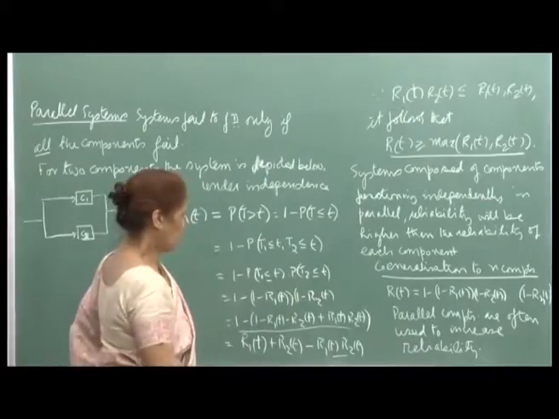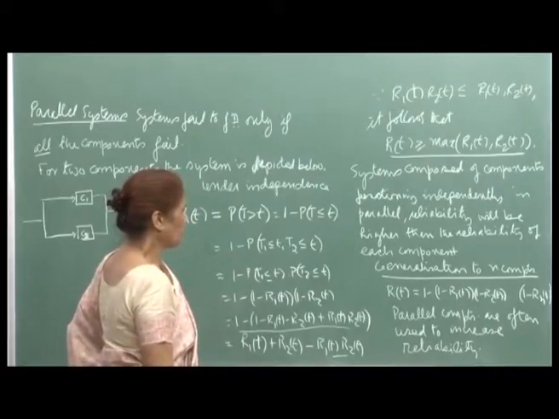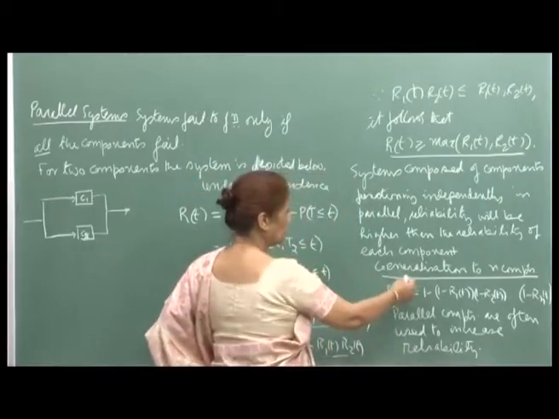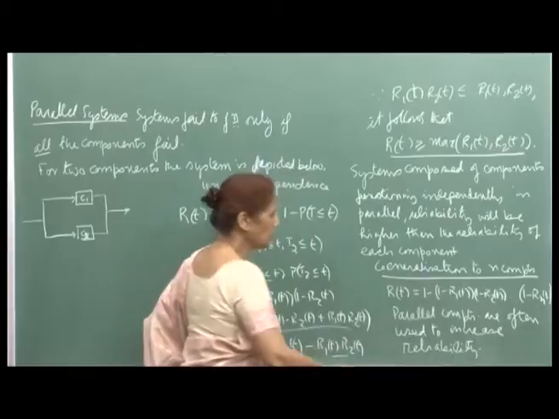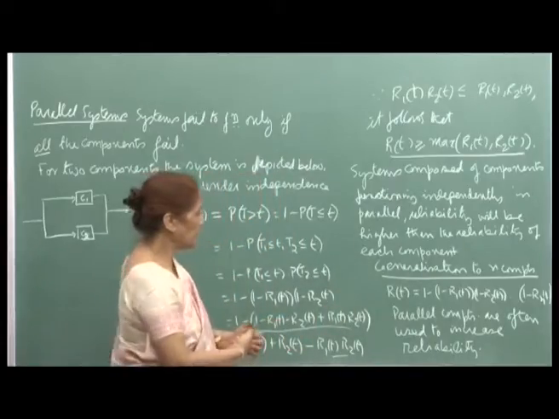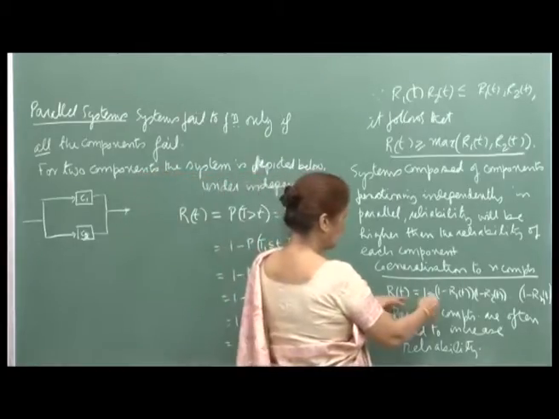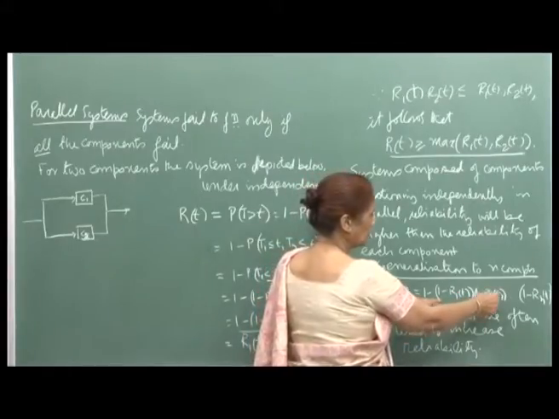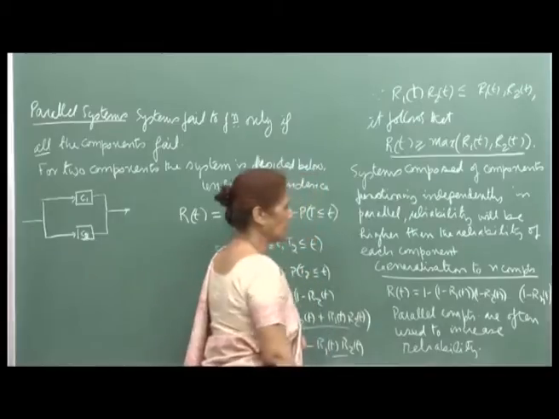And so, parallel components are often used to increase reliability, and if you want to now generalize it to n components which are functioning in parallel, then this will be R(t) equals 1 minus the product of (1 minus R1(t)) into (1 minus R2(t)) into (1 minus Rn(t)).